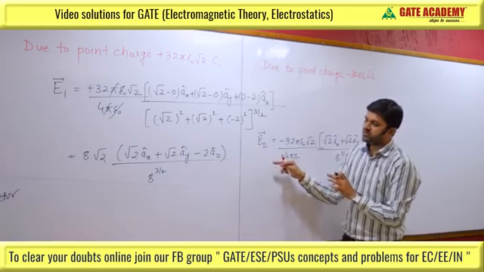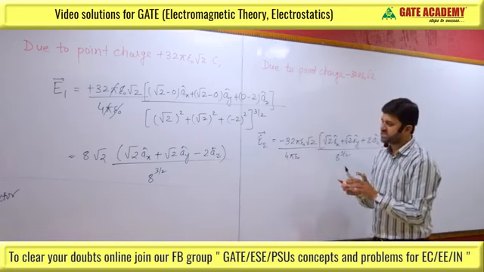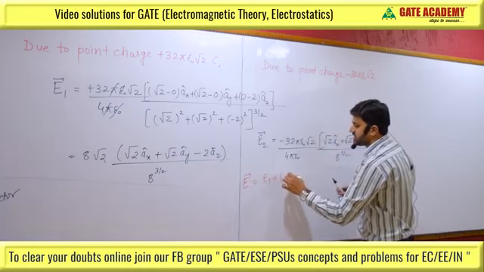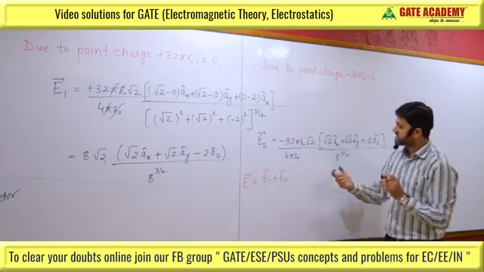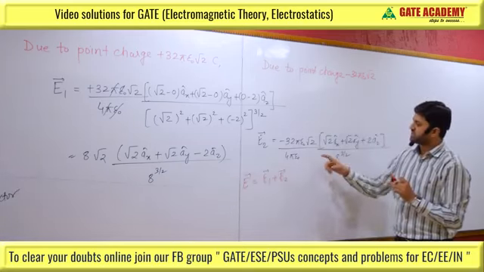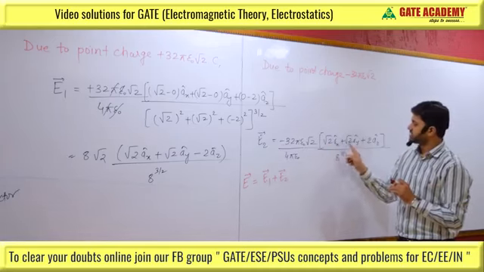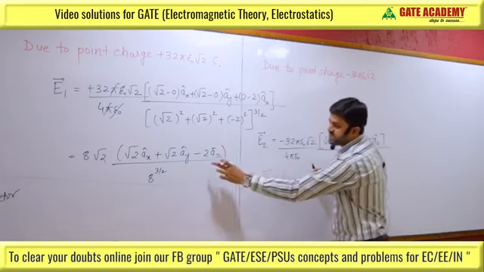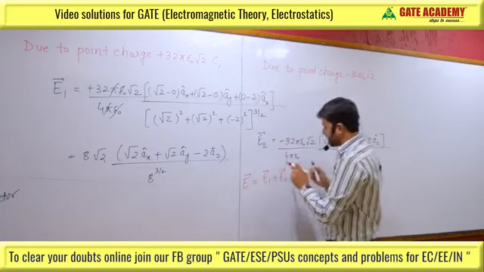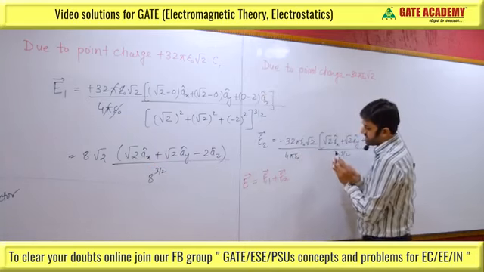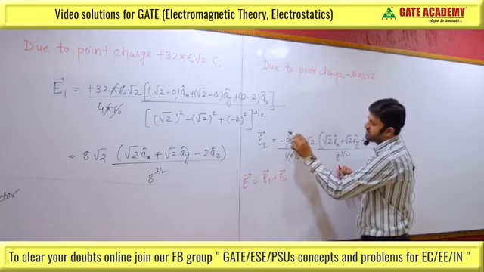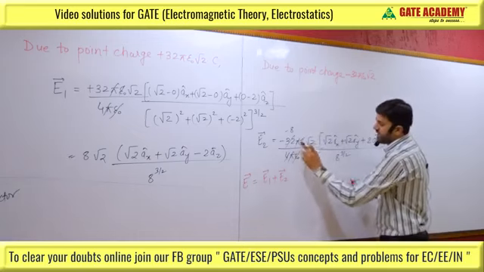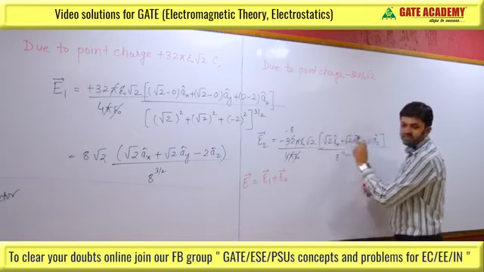So to calculate the electric field because of these 2 point charges, E will be E1 plus E2. And if we add these two equations, we will get a minus sign here and here it is positive. So this will be negative, and in this E1 there is a positive sign. If we solve this, we will get minus 8 root 2 and the remaining thing is the same.